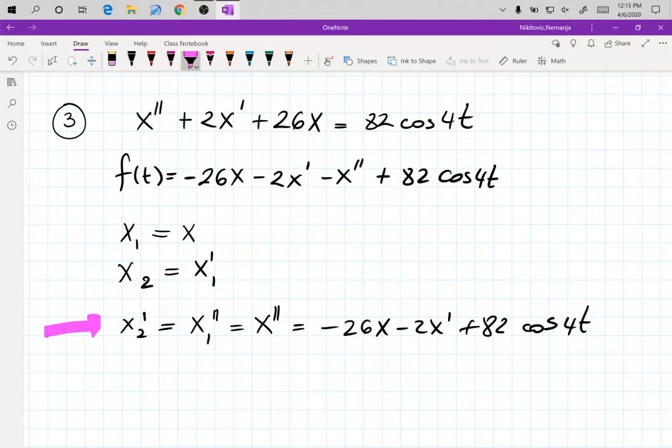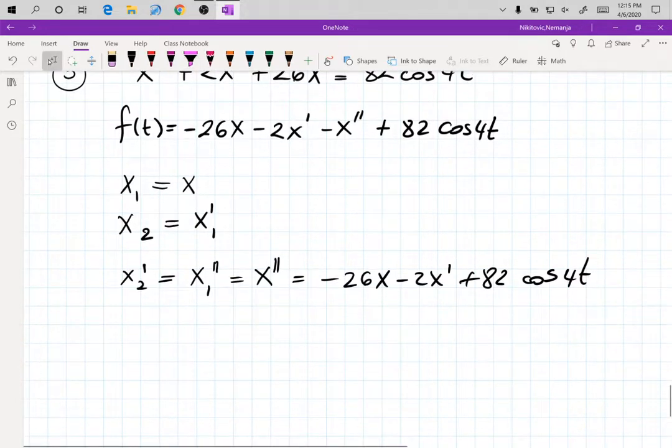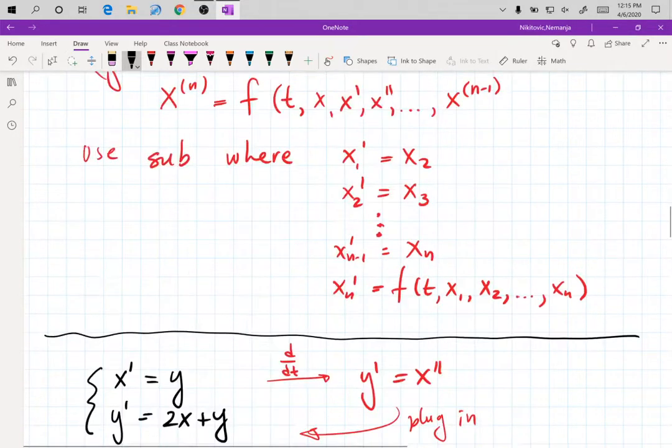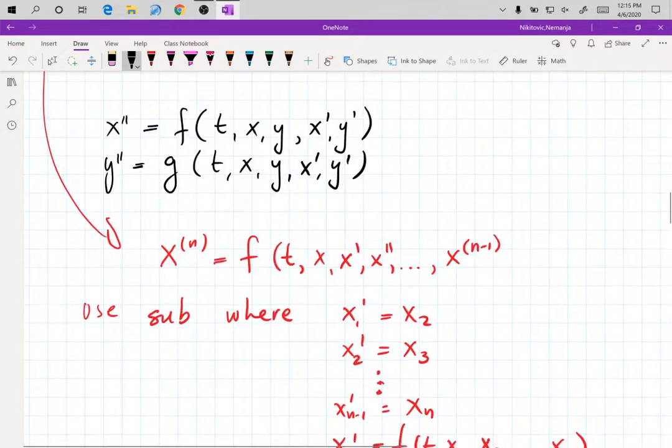Because now you need the derivative of this, because remember, your system is x1 prime equals x2 and x2 prime equals something. That's how the system was defined. If I scroll all the way up to the beginning of the lecture, what do we find?